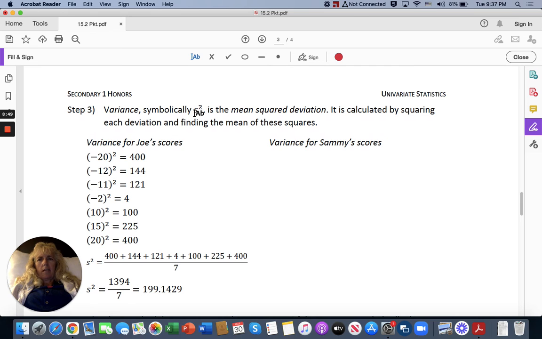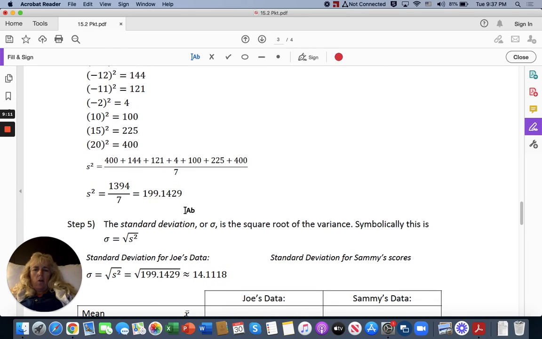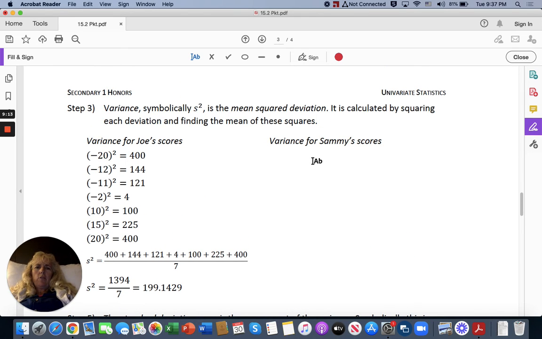Variance, symbolically s squared, is the mean squared deviation. It is calculated by squaring each deviation and finding the mean of these squares. So the variance for Joe's scores are this. So we square each one and add them all together and divide by 7. So if we do the same for Sammy's scores, we know that Sammy has -2 squared.